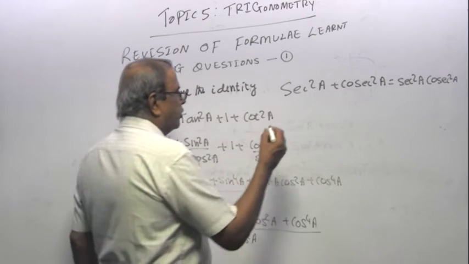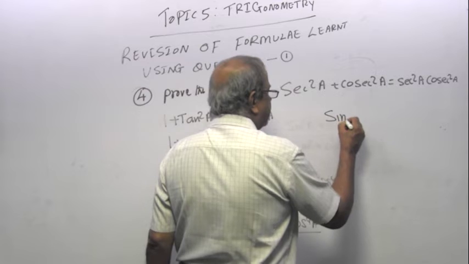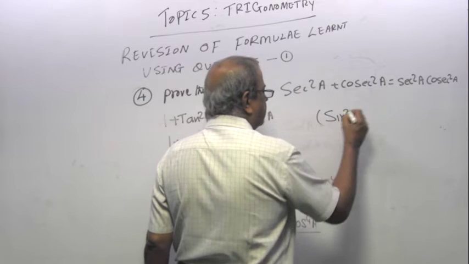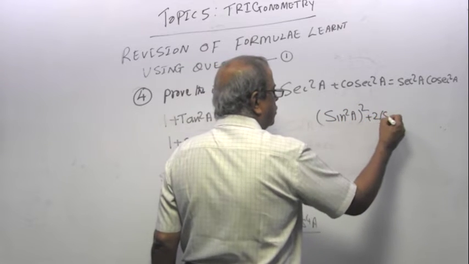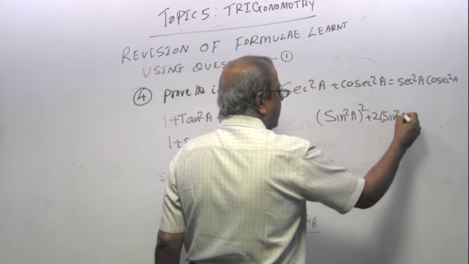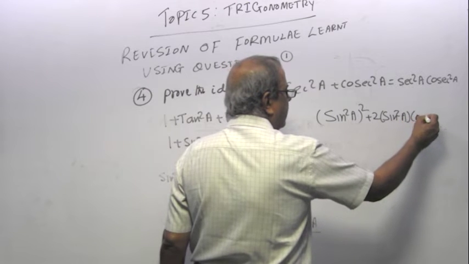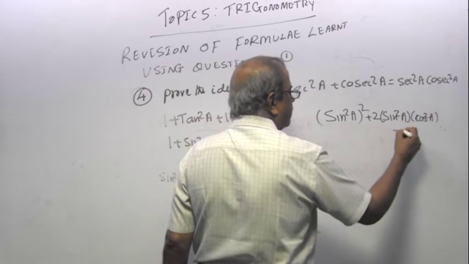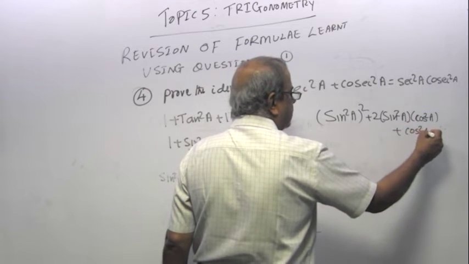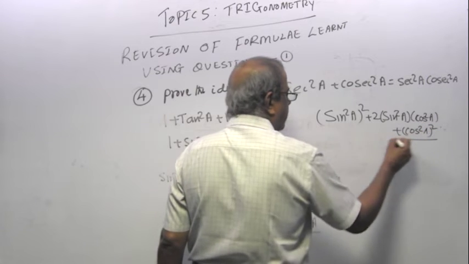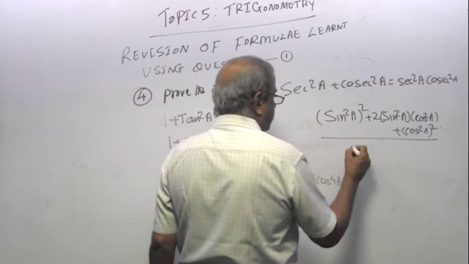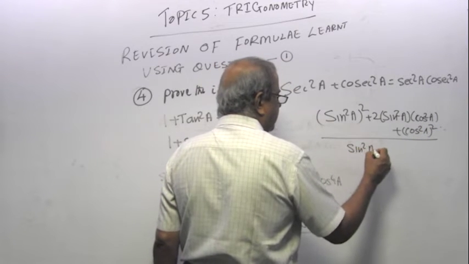So for the benefit of those who might not see the link, it is sine squared A whole squared plus 2 times sine squared A times cos squared A plus cos squared A whole squared over sine squared A cos squared A.